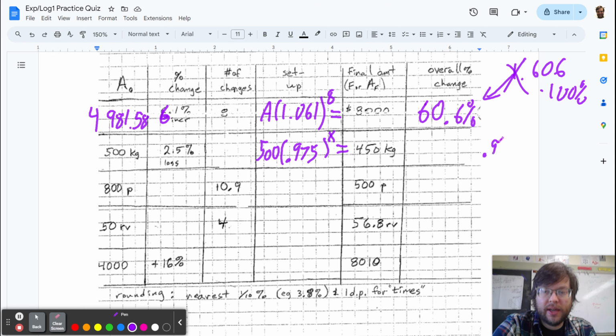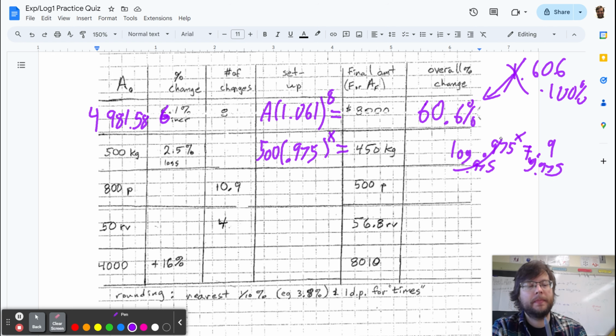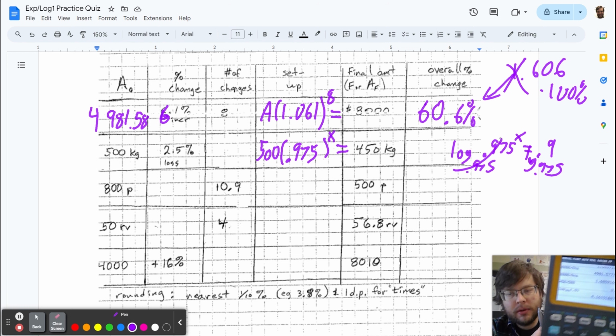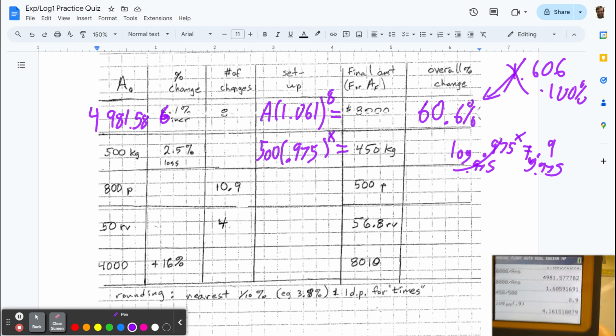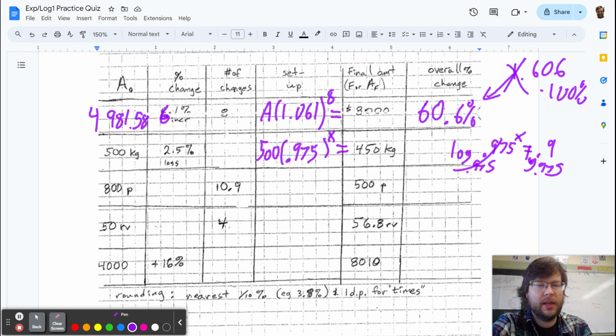So we have 0.975 to the x equals 0.9. So we're taking the log of both sides of the equation because that cancels out the base. Notice that the base stayed on the bottom, 0.975 stayed on the bottom, so we get 4.16.